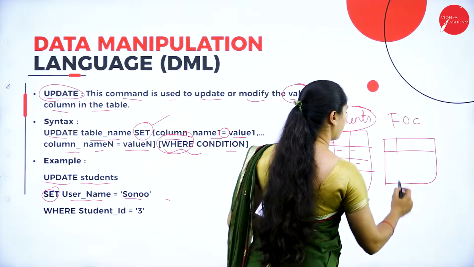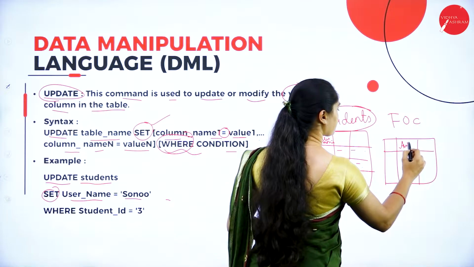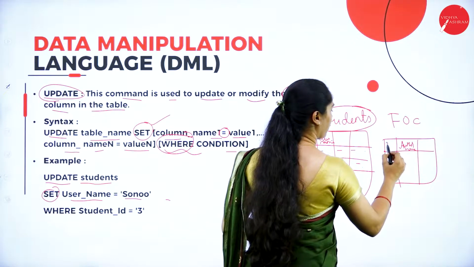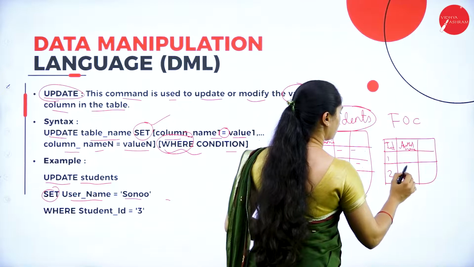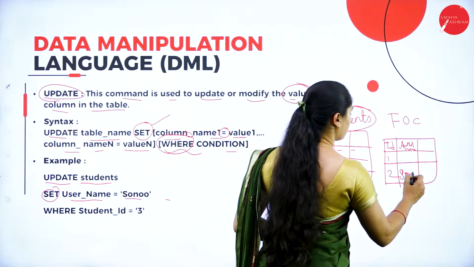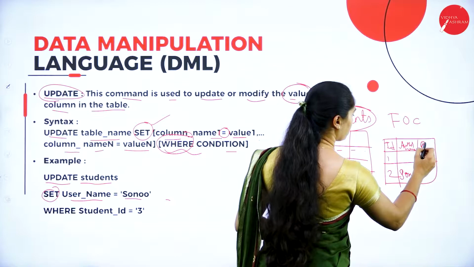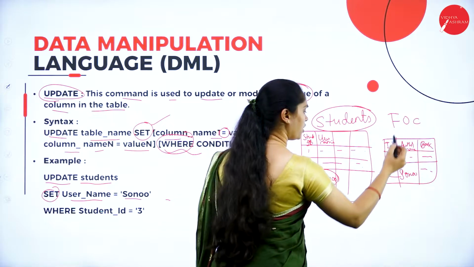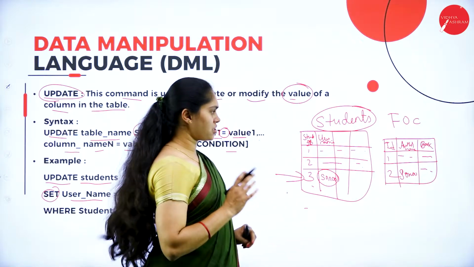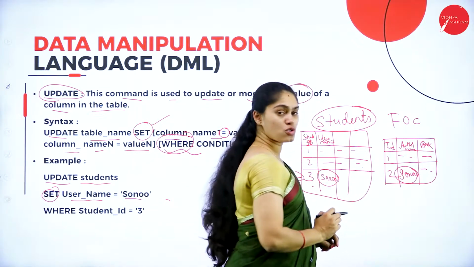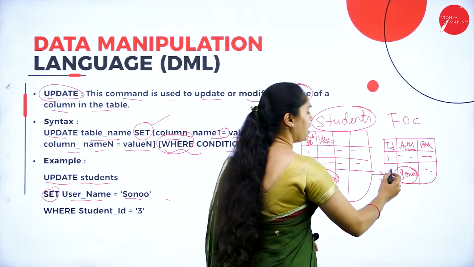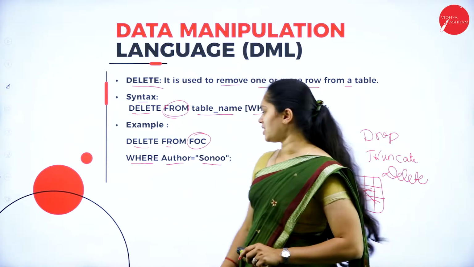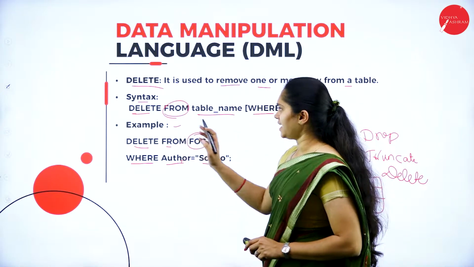Just imagine here we have an author name, and here we have an ID, 1, 2. Author name is Sonu, and here a book. Now I want to delete the content from this FOC table where the author name is Sonu. We are using the delete command, and the entire row will be deleted from the particular table called FOC. For that we have this delete command.